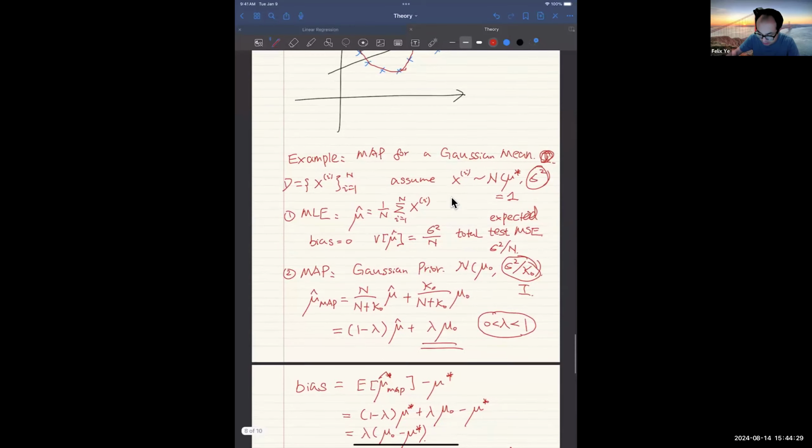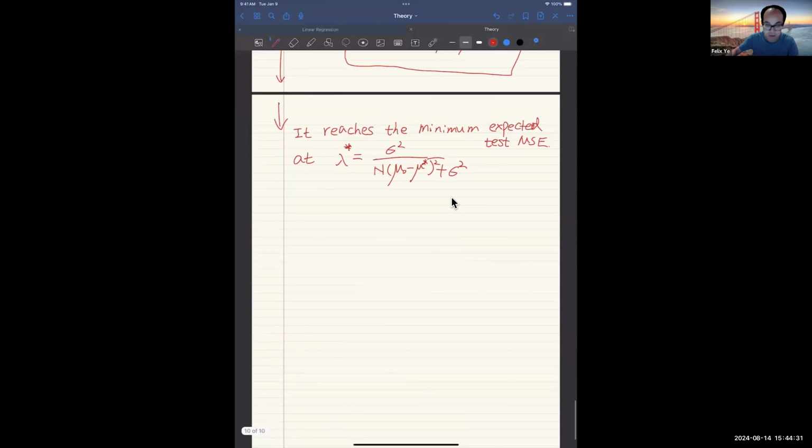This is just a statistical estimator, and we can do this for the model as well. We can do this for ridge regression again, so we can do the MAP estimation for ridge regression.